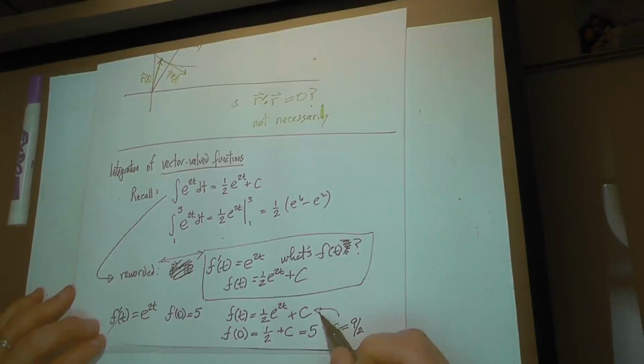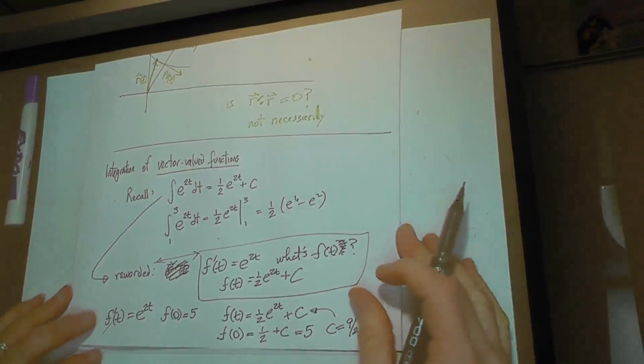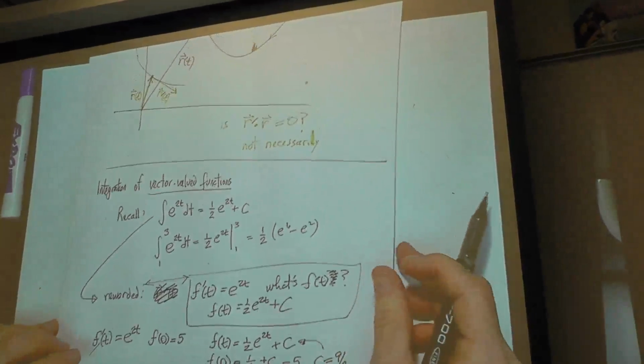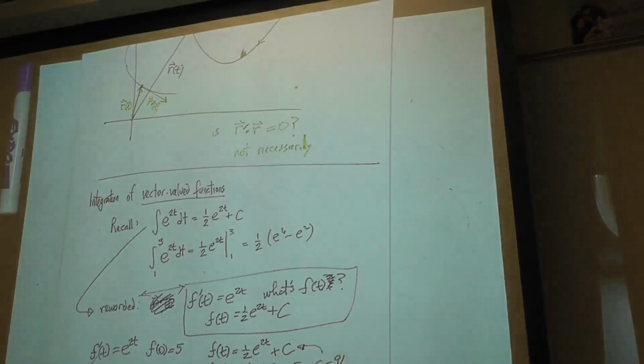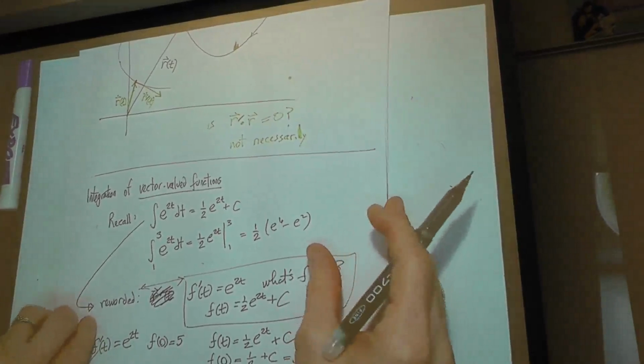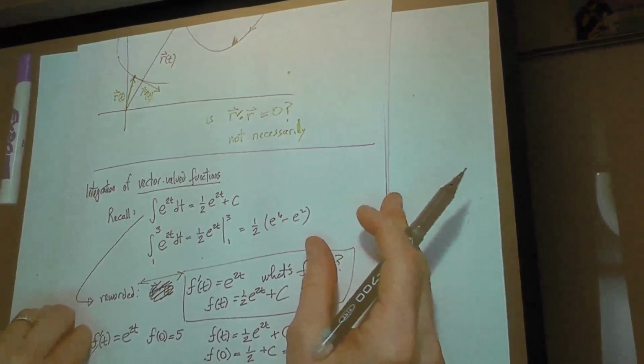And I plug that back in here, and I get that formula for f. So, just a little quickie in terms of notation review of some Calc 2 stuff.